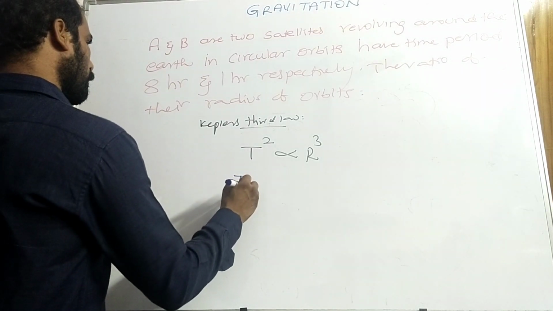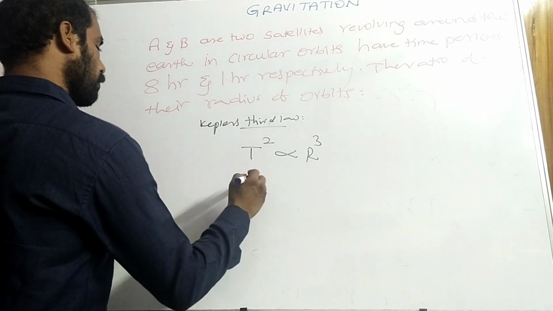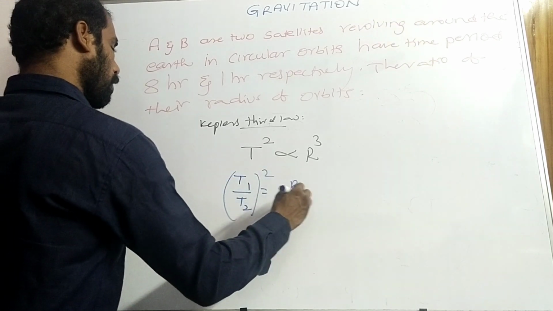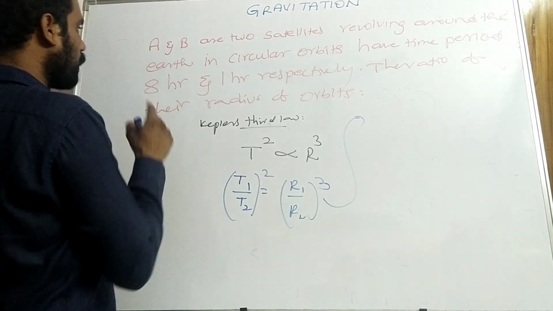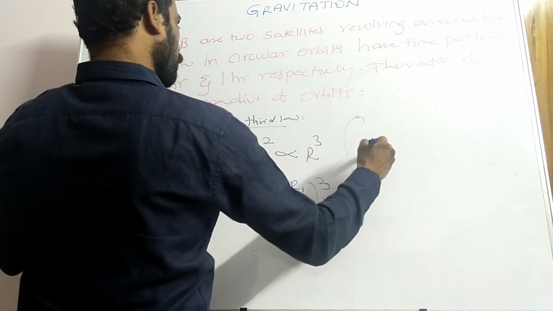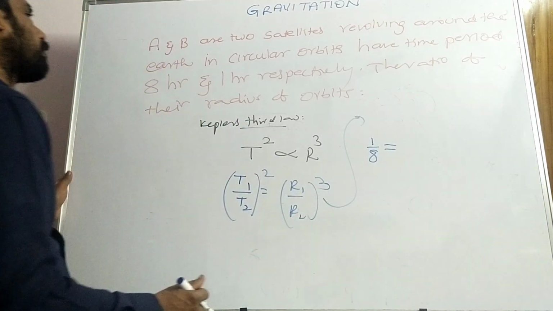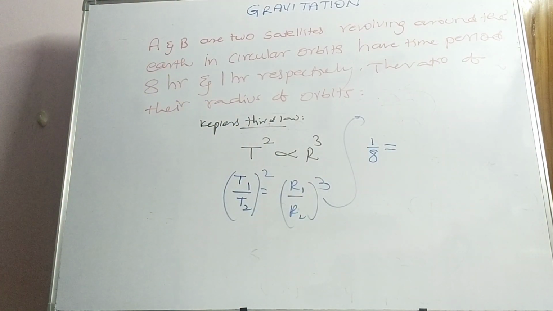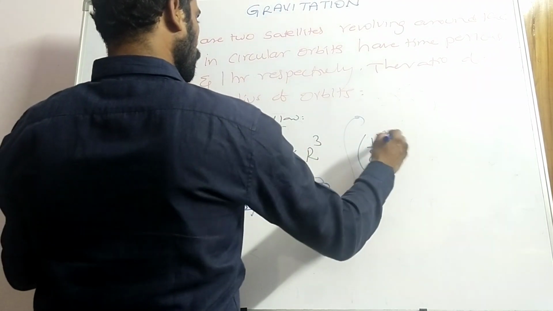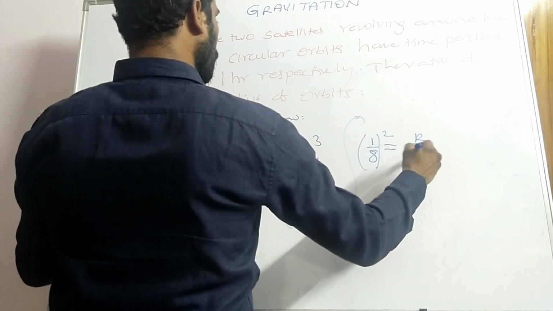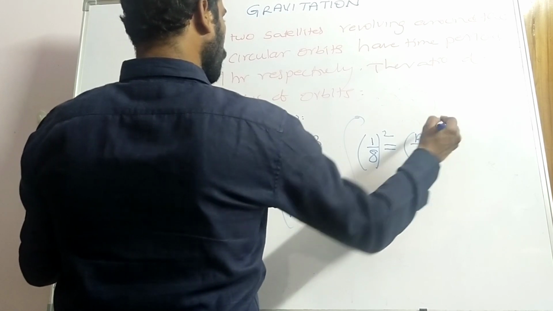Now, T1 by T2 whole square is equal to R1 by R2 whole cube. T1 by T2 is 1 by 8, so 1 by 8 whole square is equal to R1 by R2 whole cube.